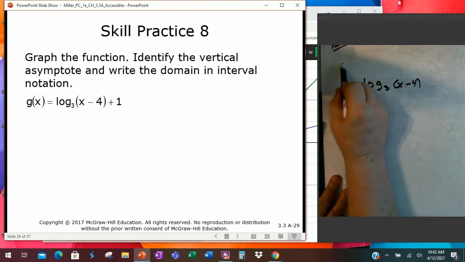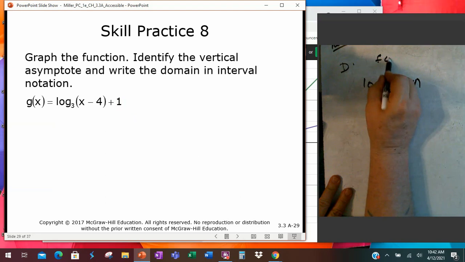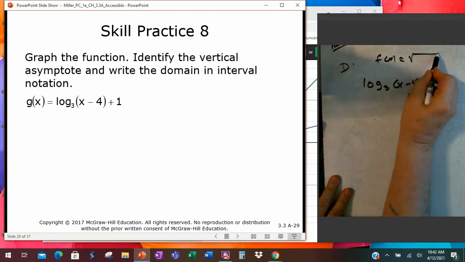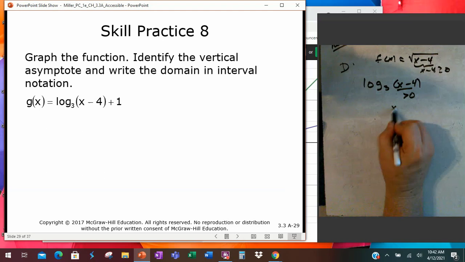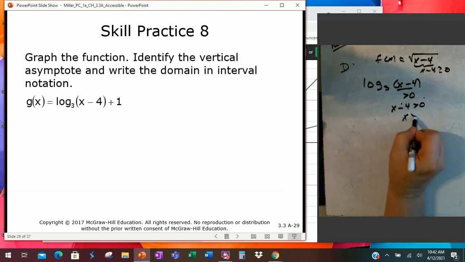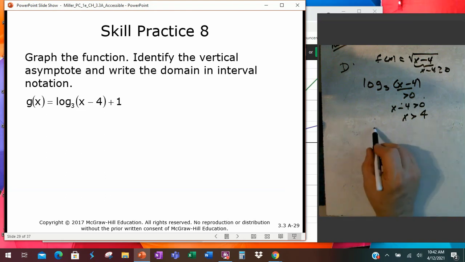You remember if I wanted to do the domain of the square root, I said this has to be greater than or equal to 0. Now this has to be strictly greater than 0. So x minus 4 greater than 0, x had to be bigger than 4.